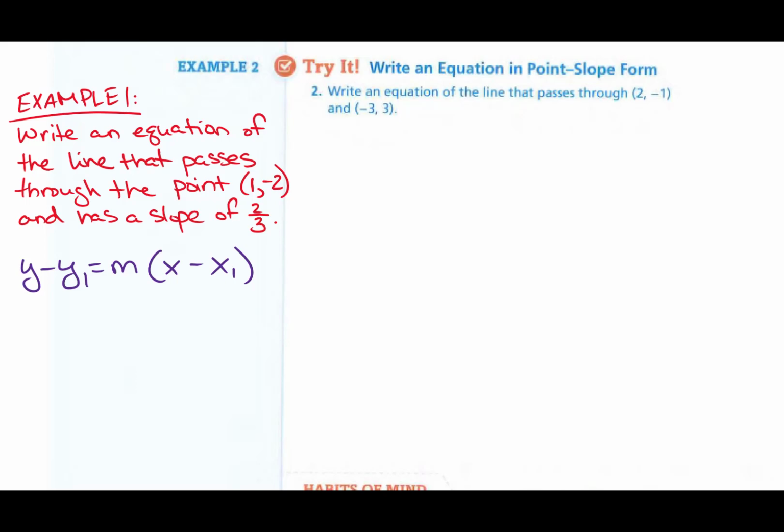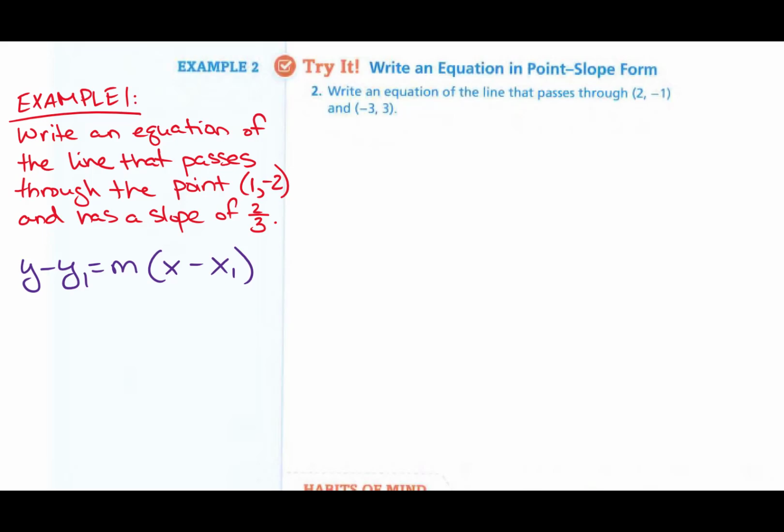Your y and your x, those two are always just going to be your variables. Every equation of a line has at least an x or a y, but right now these equations have an x and a y. So we're going to write these and plug in our point and our slope.